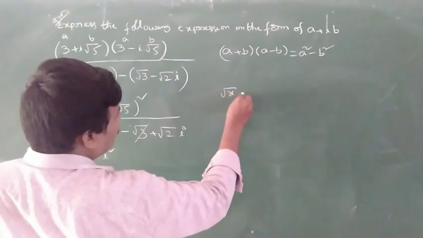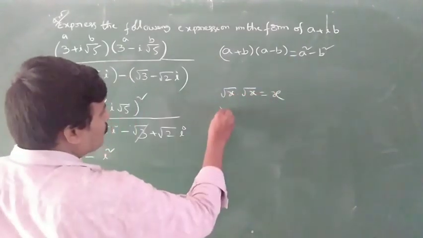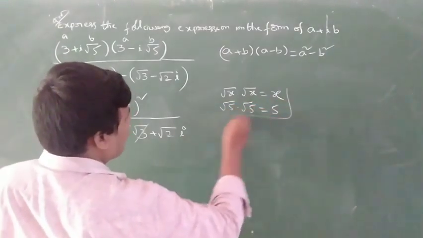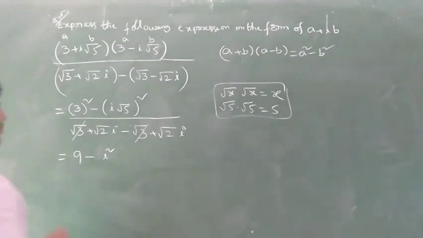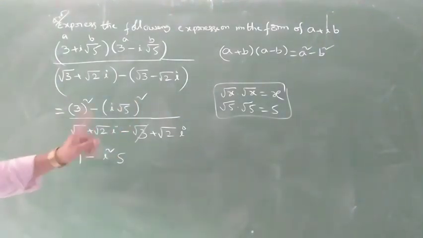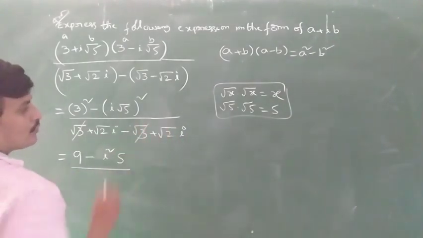Root x into root x is equal to x, so root 5 into root 5 is equal to 5. So root 5 whole square is equal to 5.